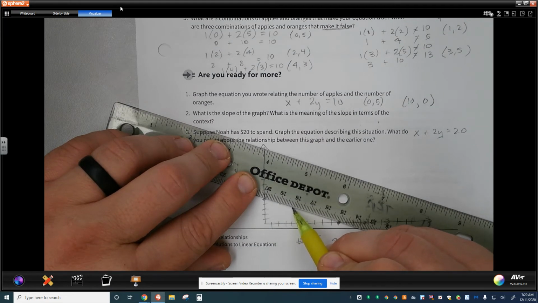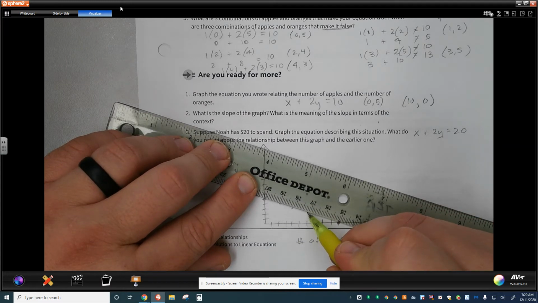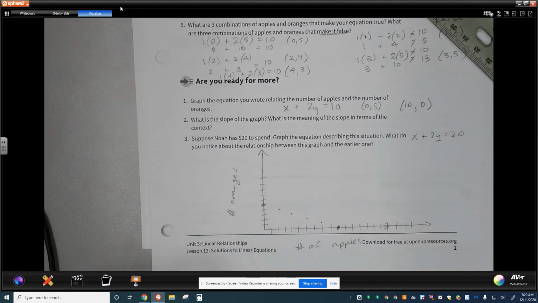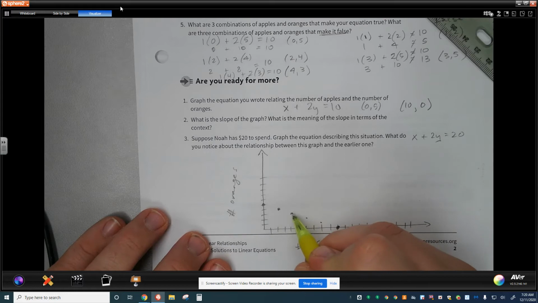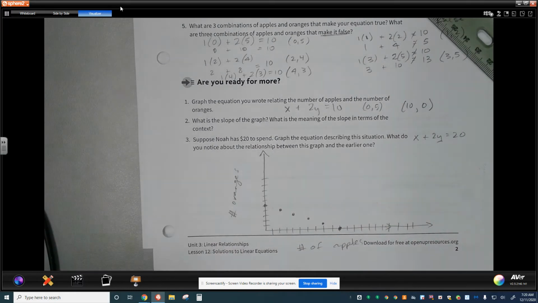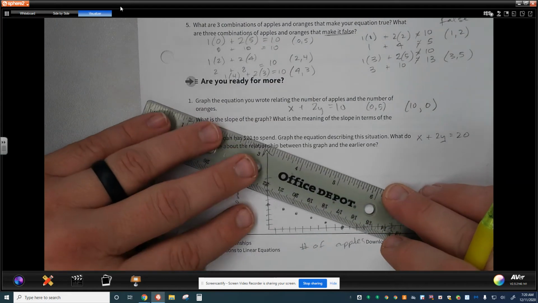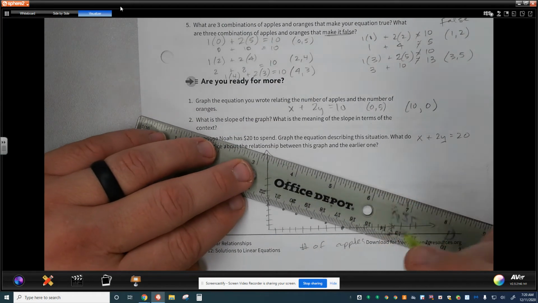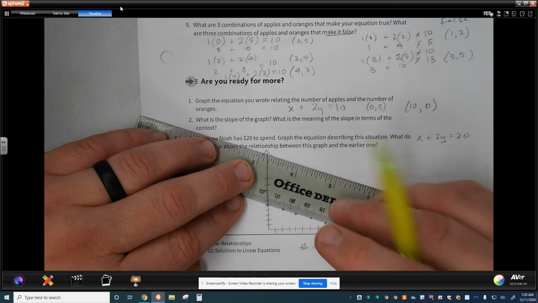And what I notice is that every 2 apples is the same as 1 orange. And so realistically, I'd want to just leave points like this. I wouldn't want to draw a line because you're only buying part of an apple, part of an orange. You don't really do that. But for the sake of understanding what we're doing with our lines, I'm going to go ahead and draw that in very lightly.